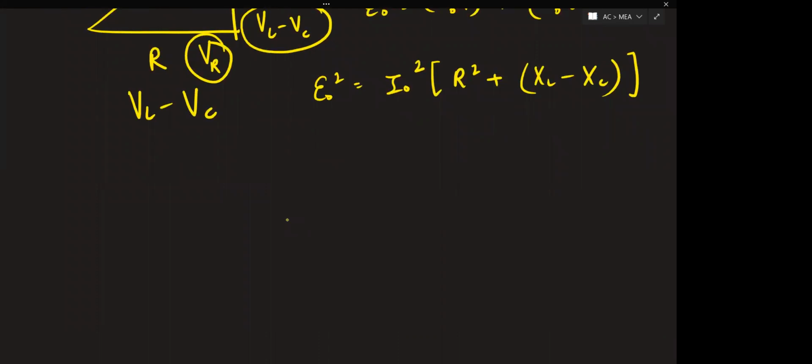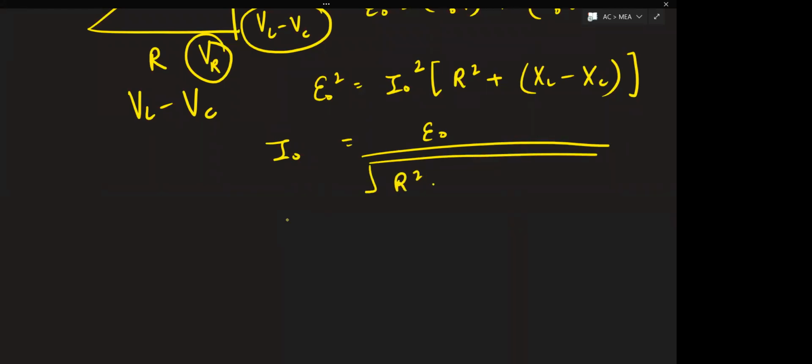Or instead of bringing this I naught into the denominator, let's interchange these. Let's write the value of I naught square. Let us bring this in the denominator. Then the calculation will become much easier. I naught will be equal to E naught, square will get cancelled, and this will be having under root. That becomes R square plus (XL minus XC) whole square.